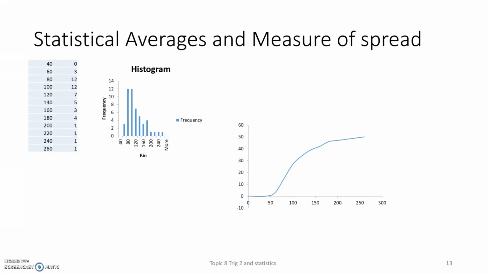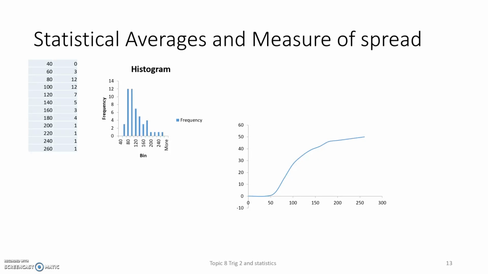This example here is actually about lead levels in the blood samples of 50 primary schools, and it's given in micrograms per litre. You're asked to find the median, the mean and the mode, calculate the standard deviation and then display the data.